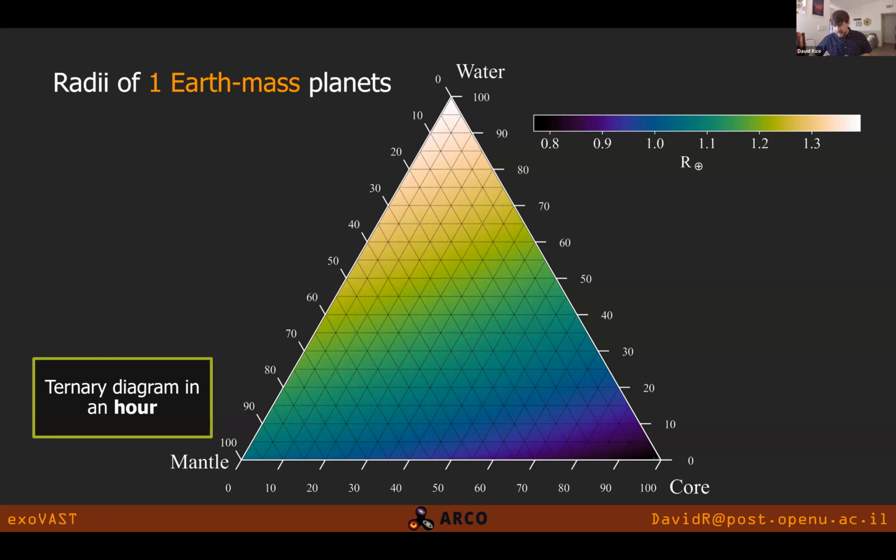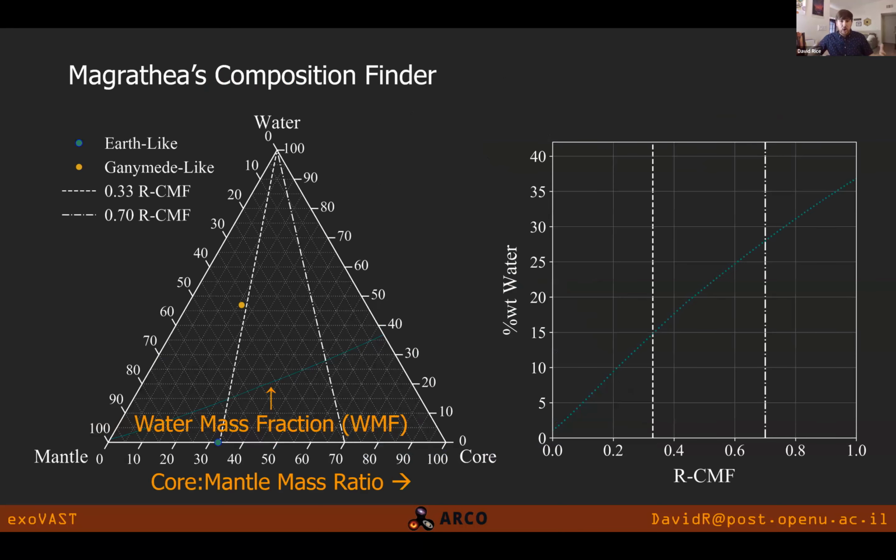And one thing I've done is, now thinking about that line of constant mass and radii, we can make a composition finder. So for a given planet, we're going to translate this weird ternary diagram looking thing into a more normal plot. So we can think about a ternary diagram where the bottom axis is the core to mantle mass ratio. So as you swing one of these lines, this dashed line, over from one side of the bottom to the other side, we're going to define that as the RCMF.